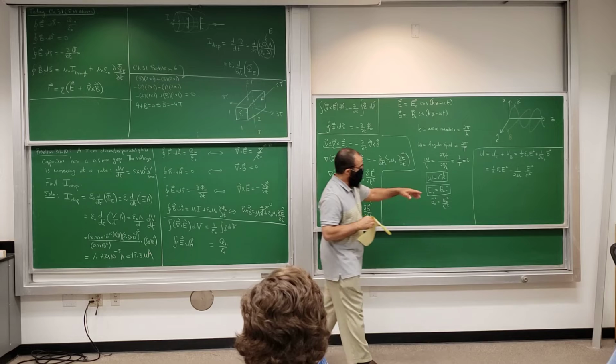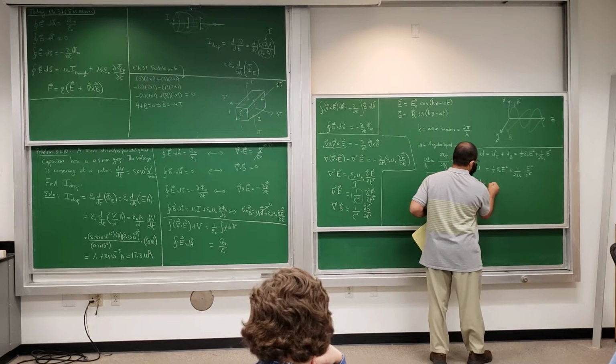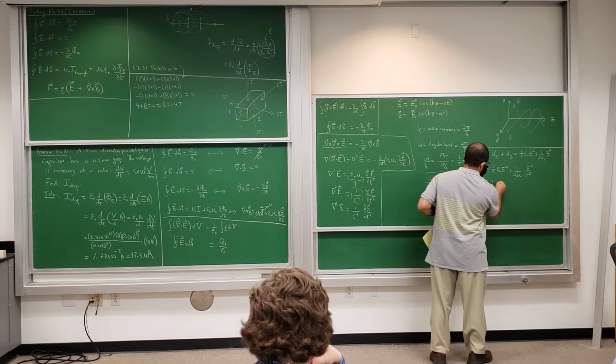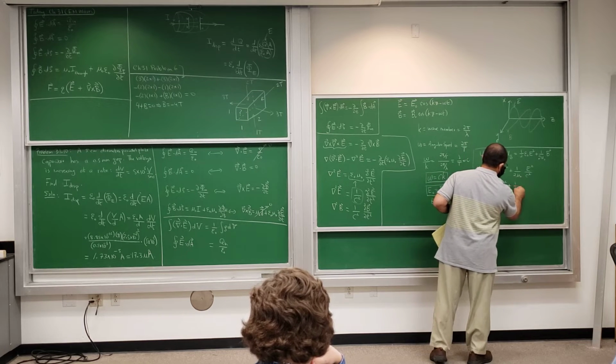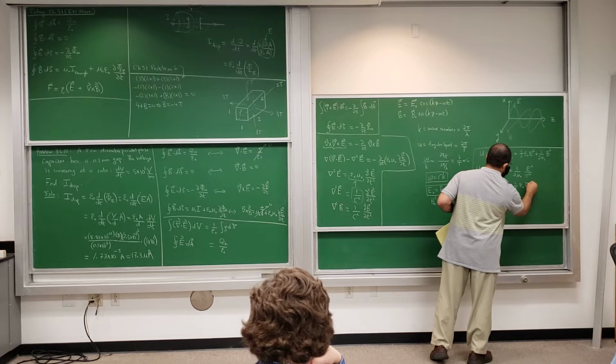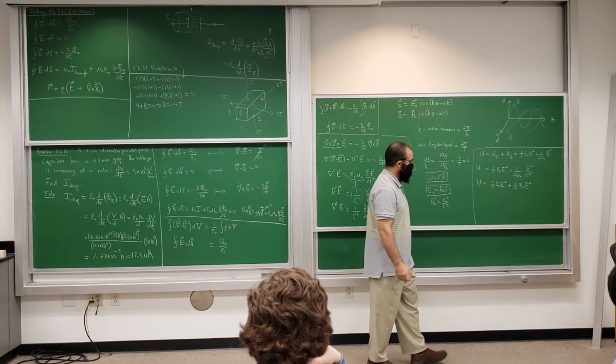You cancel, and you get your energy density equal to 1/2 of epsilon naught E squared plus another 1/2 epsilon naught E squared. So the magnetic field carries the same energy density as the electric field.